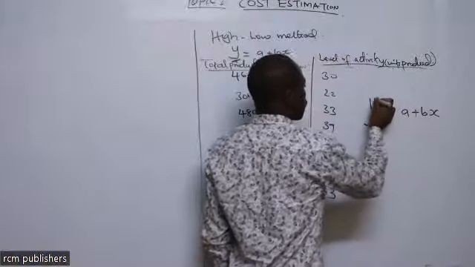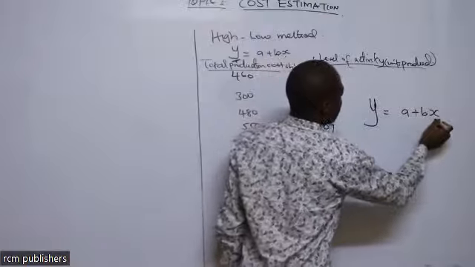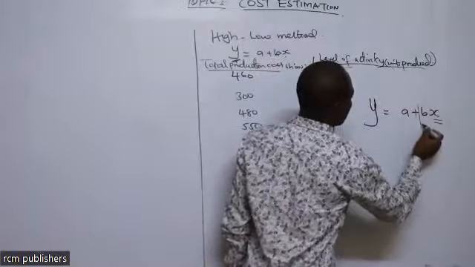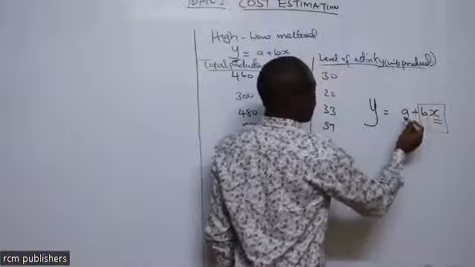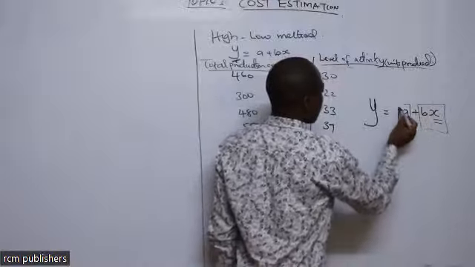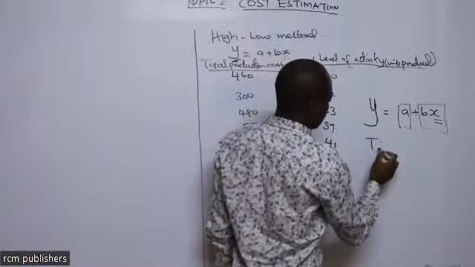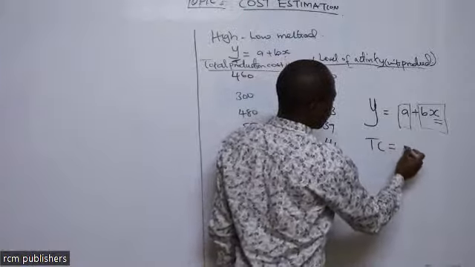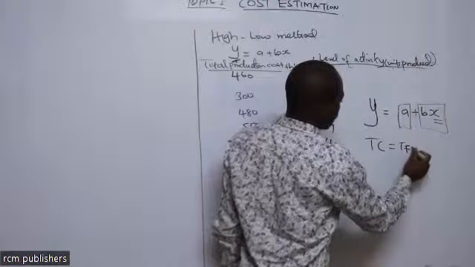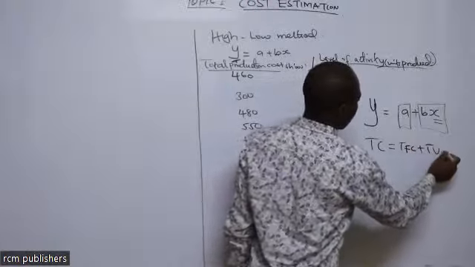Our total production cost is dependent on the units that we are going to produce to give us the total variable cost. Then we add the total fixed cost. So the total cost will be total fixed cost plus total variable cost.